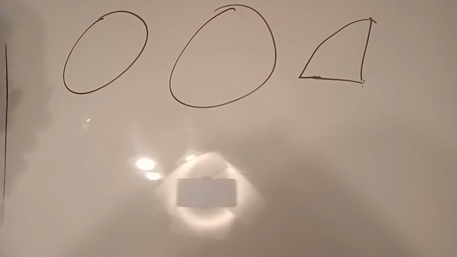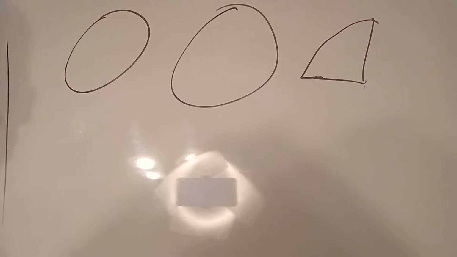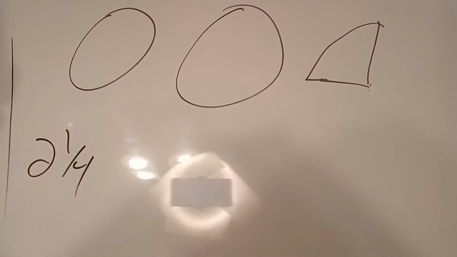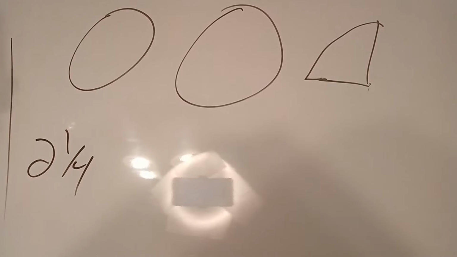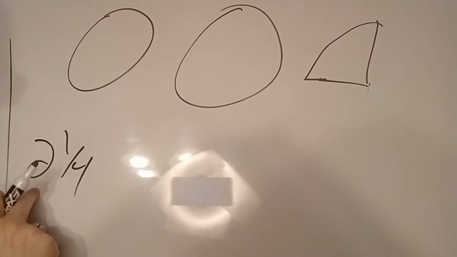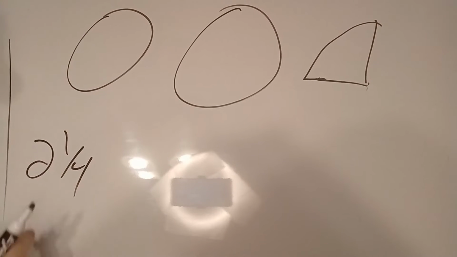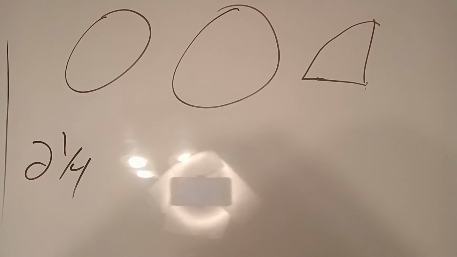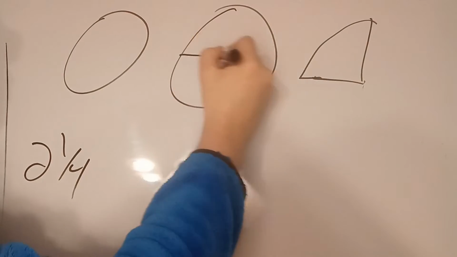That's 2 1/4. So we want to change this to an improper fraction. That is, change the number so it's all a fraction and no mixed number. Improper fractions will have more on the top than they will on the bottom. All we do is we take these 2 and we cut them into fourths.